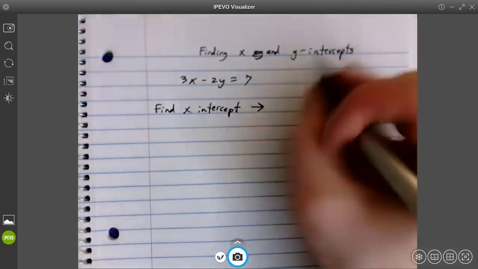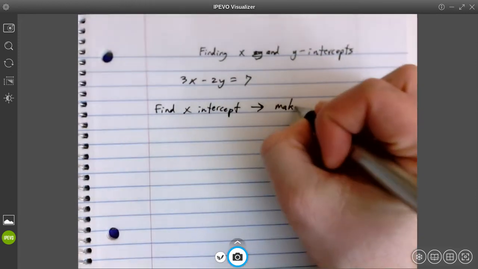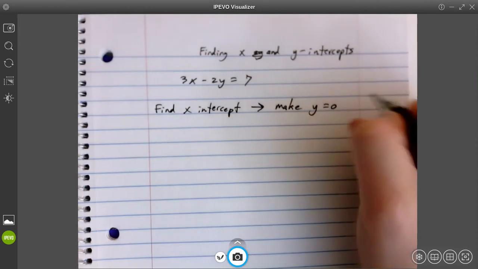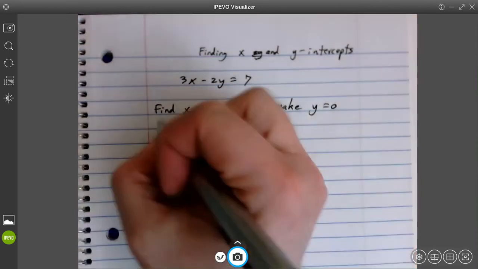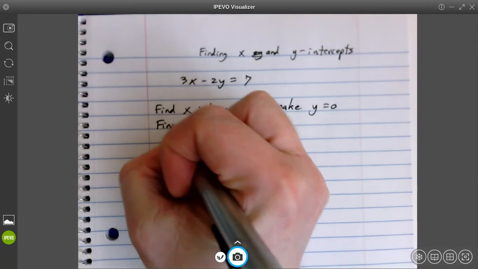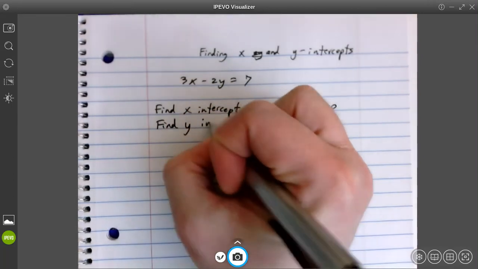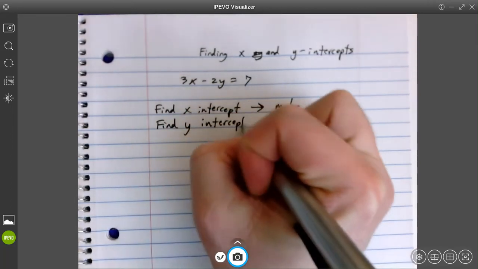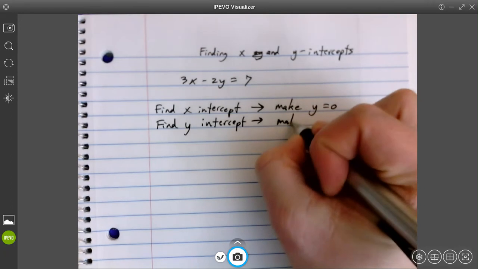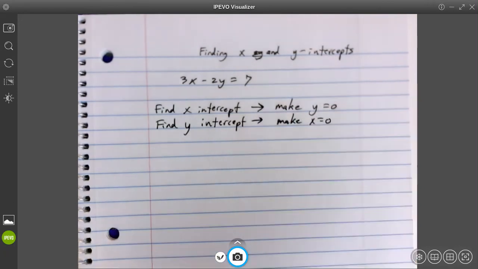To find the x-intercept, you make y equals 0. To find the y-intercept, you make x equals 0.